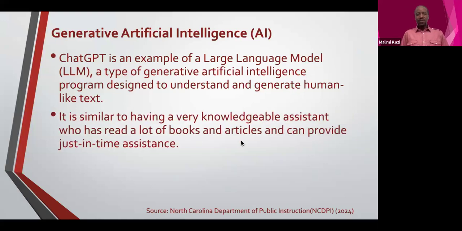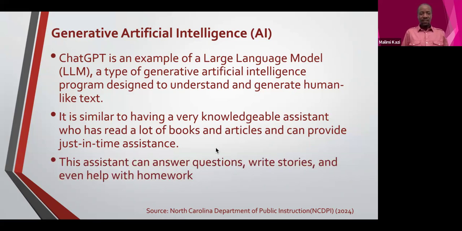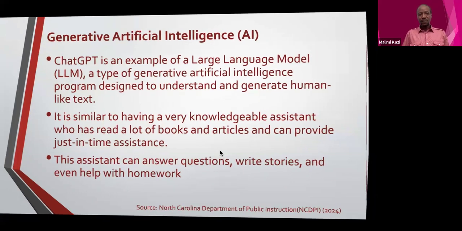It is similar to having a very knowledgeable assistant who has read a lot of books and articles and so can provide just-in-time assistance. That is, anytime you need it. This assistant can answer questions, write stories, even help with completing homework.